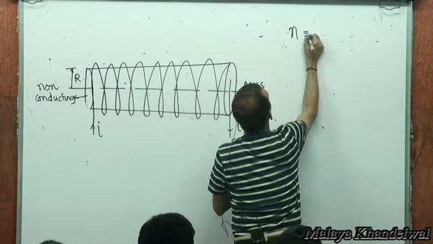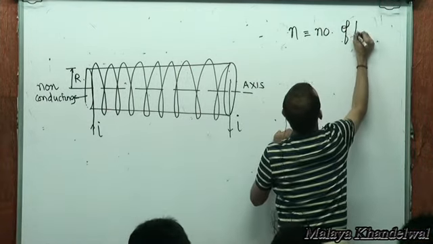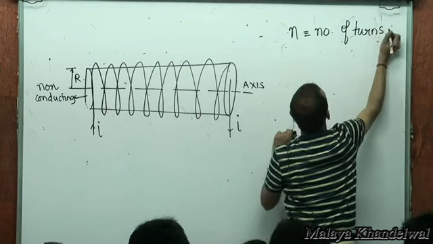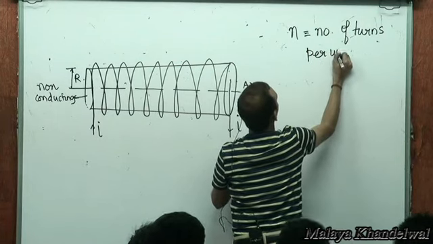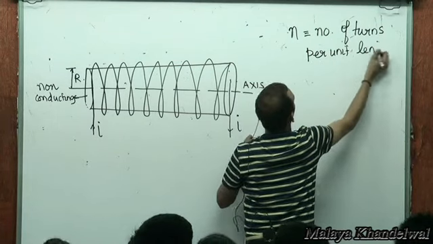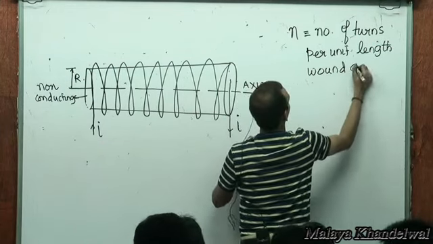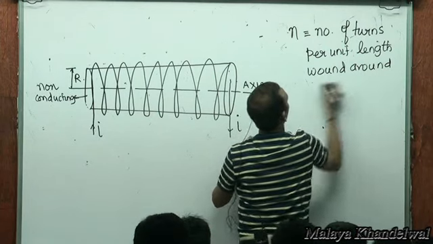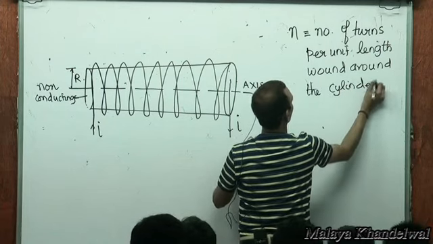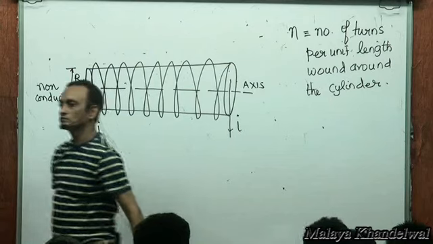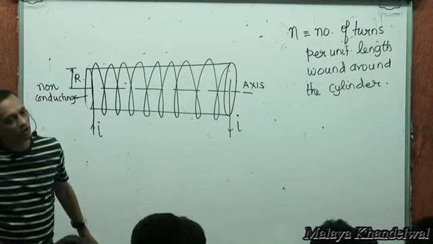Small n is the number of turns of this coil wound around the cylinder per unit length. That means if you take unit length, then the number of turns of this coil that you would encounter would be small n, right?